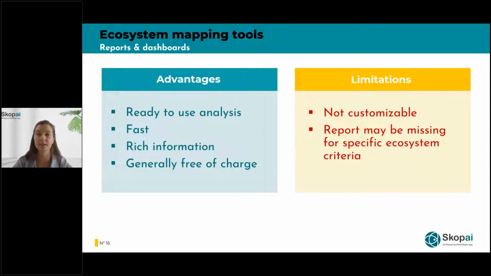So this is one limitation. And another is when you need, for example, specific criteria, for example, fundraising or patents information, and this information is not included in the report. And these are the limitations of this type of ecosystem mapping tools, and that's why they cannot be applied to all cases.